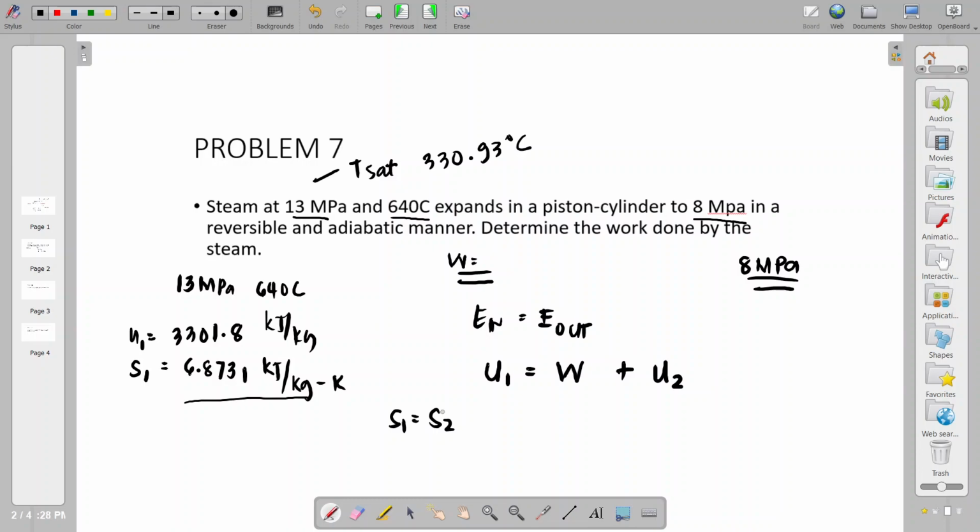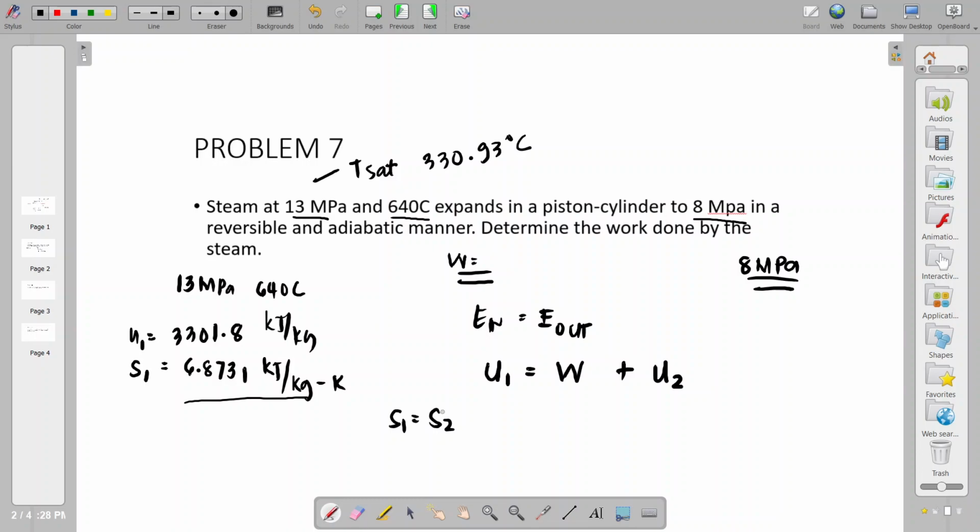So, medyo malapit siya sa 6.87. Ayan. Between 540 tsaka 550.